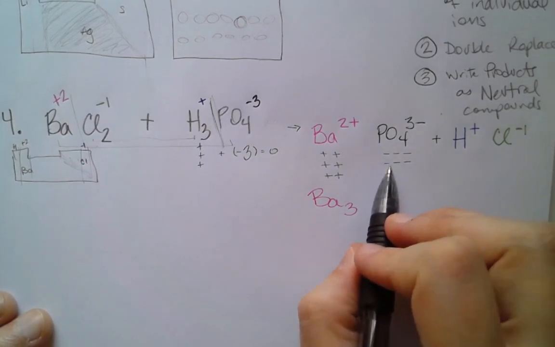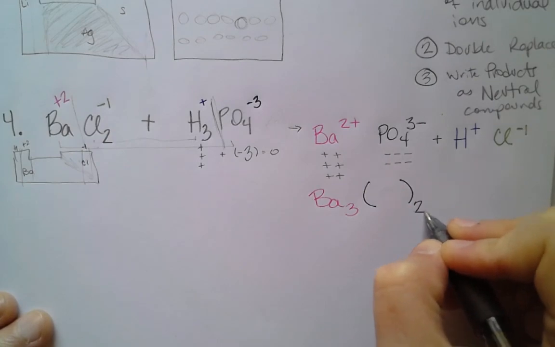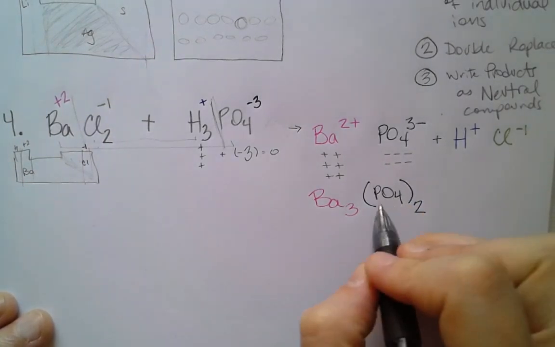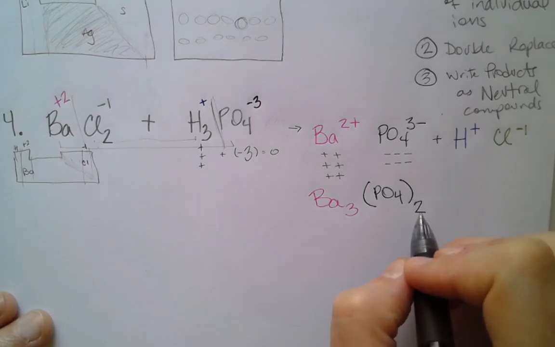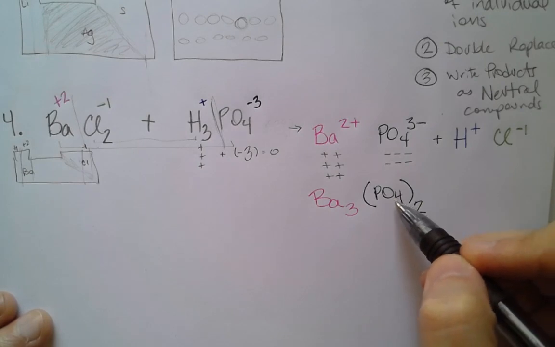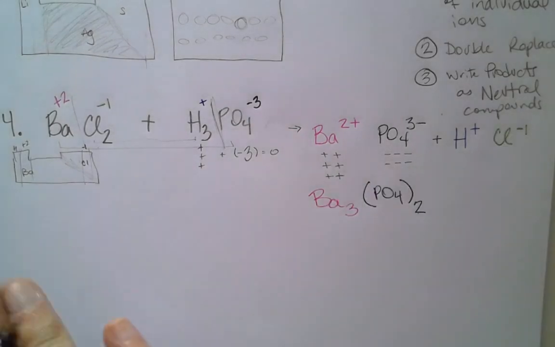Since we need 2 polyatomics, put the polyatomic in parentheses. So multiple polyatomics get parentheses and a subscript outside showing you how many of that polyatomic you just used. So 2 phosphates looks like that.